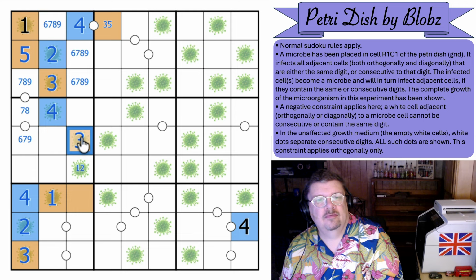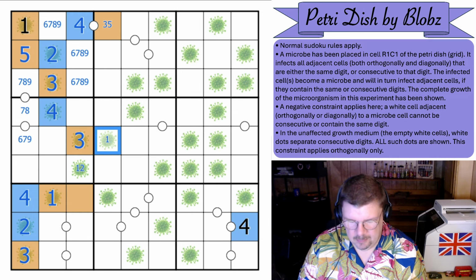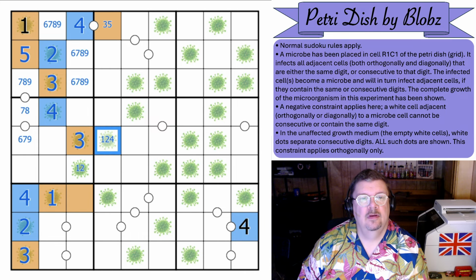If that were a 3, well, that is a 3. So with that being a 3, if that infects directly, it's a 2. If it's infected indirectly, then that's a 2 and that's a 1. If that's infected directly, that's a 2. That could be a 1, or it's a 2 or a 4. 1, 2, 4 for that cell.